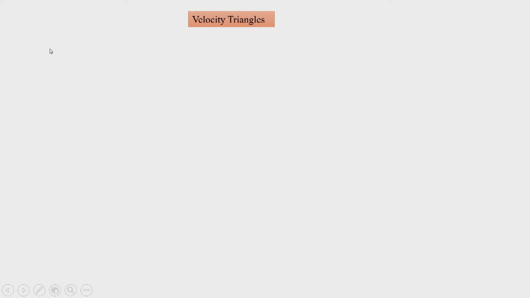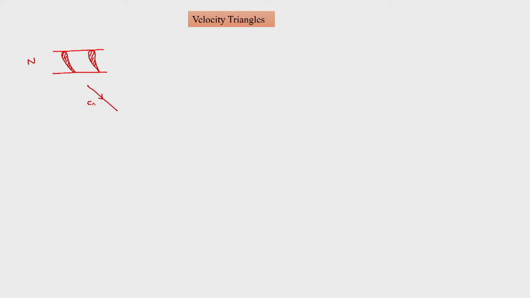Let us say that this is our nozzle, and these are our nozzle blades, which have a convergent portion. The flow takes place in the nozzle, which has a convergent portion.